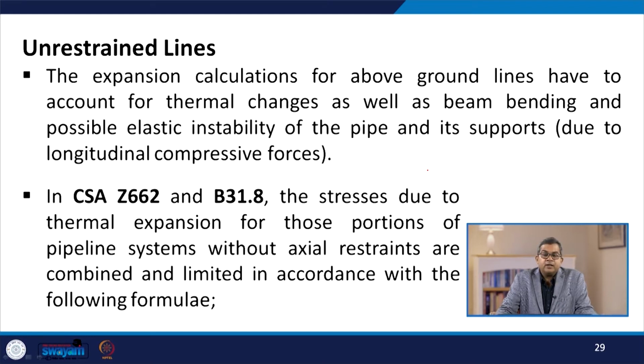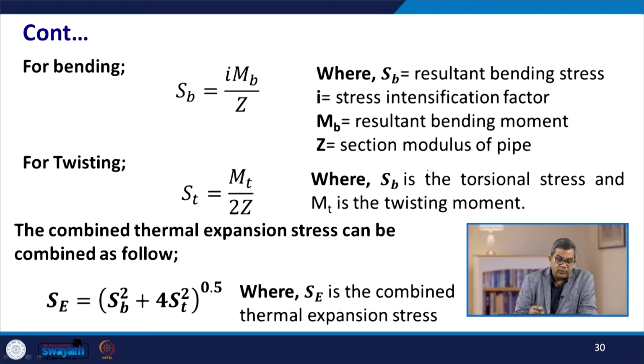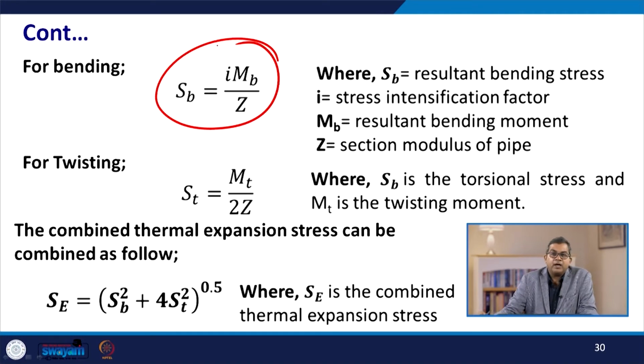Now, in CSA and ASME, the stress due to thermal expansion for those portions of pipeline system without axial restraints are combined and limited in accordance with the formula SB is equal to i MB over Z, where SB is the resultant bending stress, I is the stress intensification factor, MB is the resultant bending moment, and Z is the section modulus of pipe. Now, for twisting, ST is equal to MT over 2Z, where ST is the torsional stress and MT is the twisting moment.